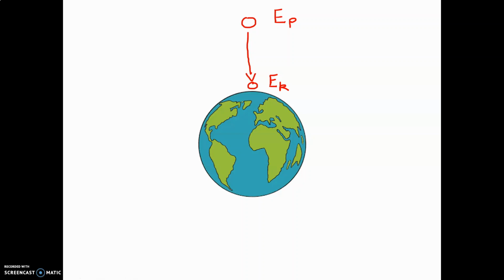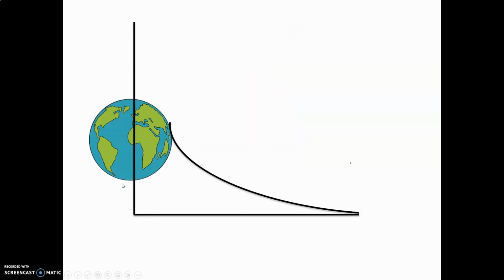So what I want you to take away from this bit is that when we release our object, it gains kinetic energy. Now let's have a look at a situation where we move to a certain distance away from Earth. Now the way the gravitational field strength falls as you move from the surface of the Earth is shown by this graph here, and it's actually an inverse square relationship, so it basically falls away like that.